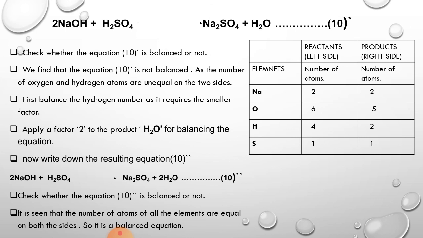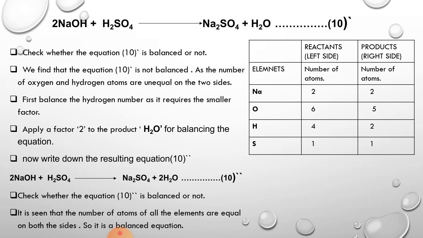On the product side it is 4 plus 1, that means 5. It is not balanced. Let's see the hydrogen atoms. On the reactant side it is 2 plus 2, that is 4, and on the product side it is only 2. And S is 1 and S is 1.